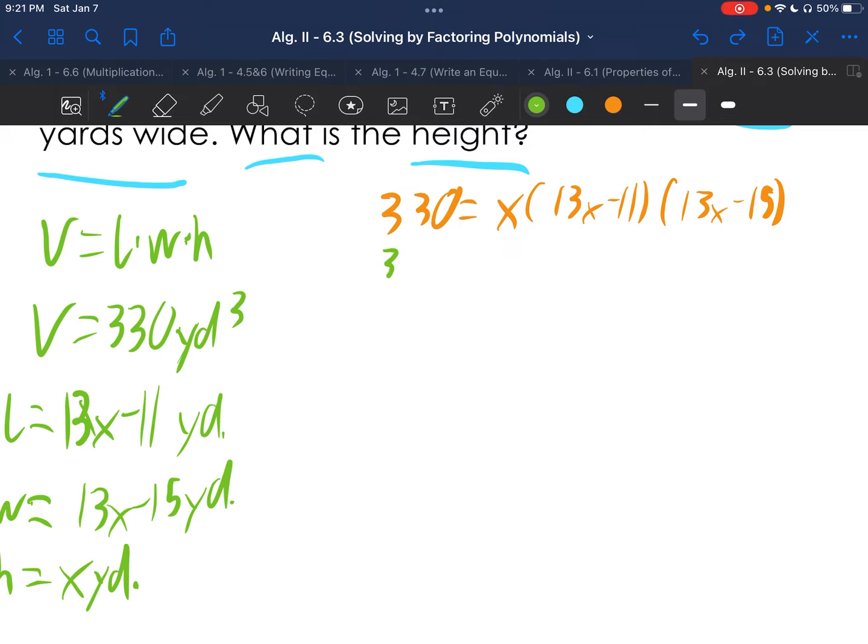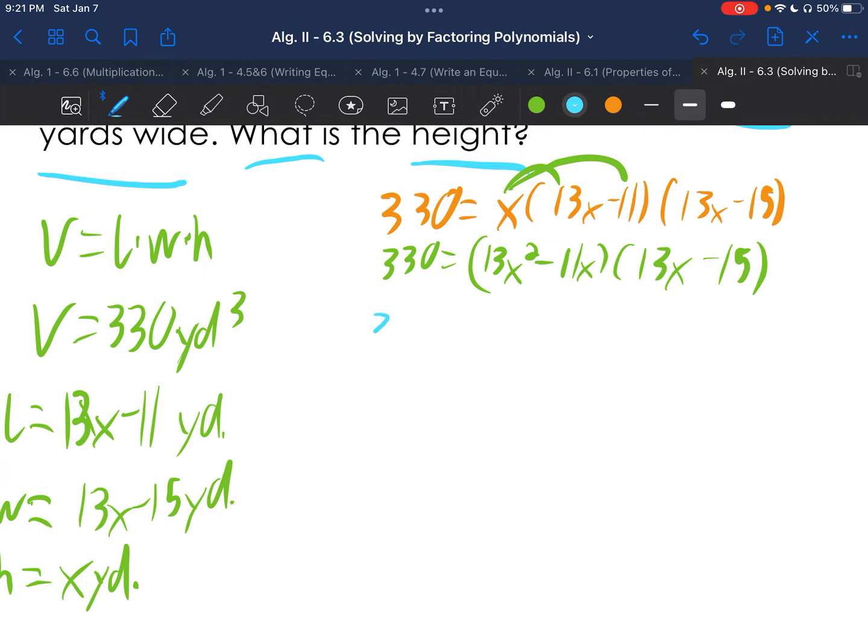So I'm going to leave the 330 there for the time being and distribute the x to the first parenthesis. And we get 13x squared minus 11x. And that second parenthesis just stays the same. Now, we multiply the two parentheses together by FOILing. So we get 13x squared times 13x is 169x cubed. 13x squared times negative 15 is negative 195x squared.